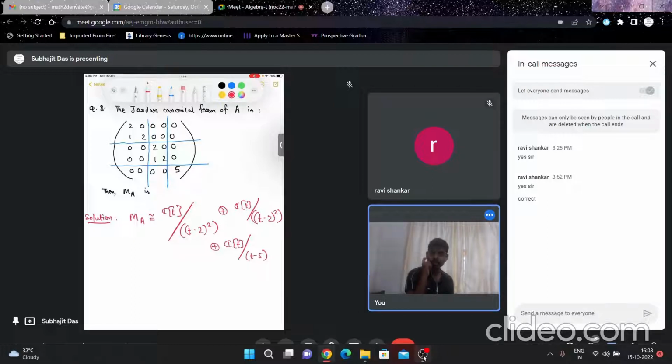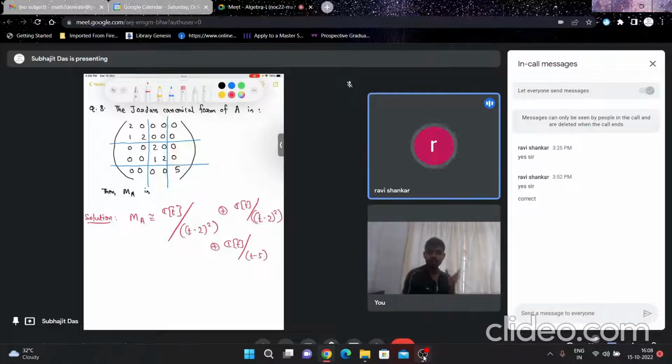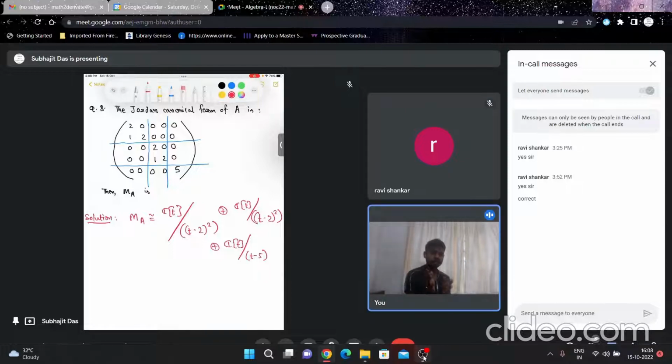You can write M_A as a direct sum of copies of C[t] modulo, I mean, not copies, C[t] modulo some ideal generated by some prime power, direct sum C[t] modulo ideal generated by some prime power, and so on. And there will be finitely many direct summands in this because M_A is always finitely generated, right? So anyways, do you have any more questions?